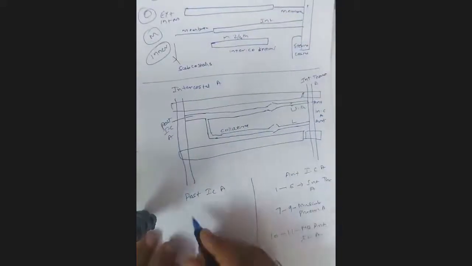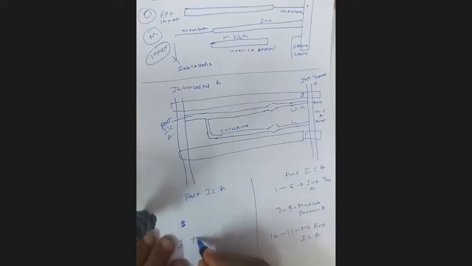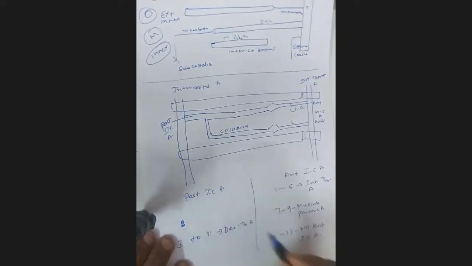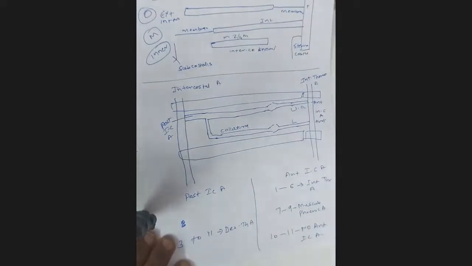The posterior intercostal artery from space number 3 to 11 is given by the descending thoracic aorta.